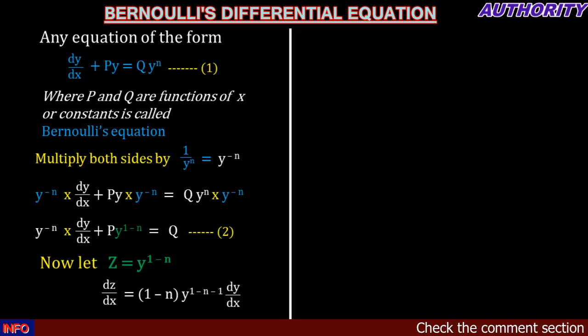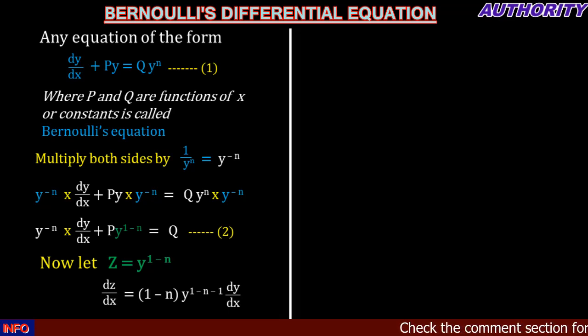So when we differentiate this y raised to power 1 minus n with respect to x, it is going to give us 1 minus n in bracket y raised to power 1 minus n minus 1. So 1 minus 1 is going to give us 0, then we have minus n.